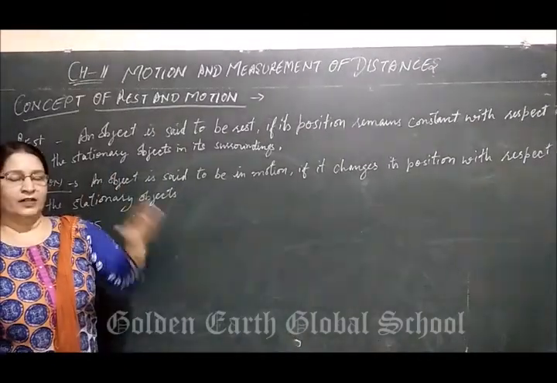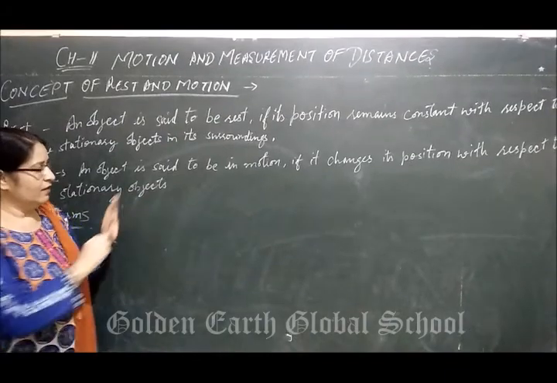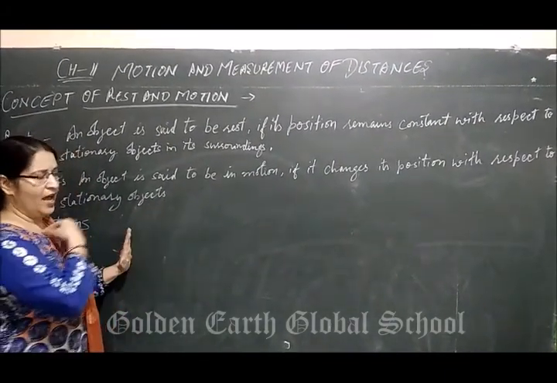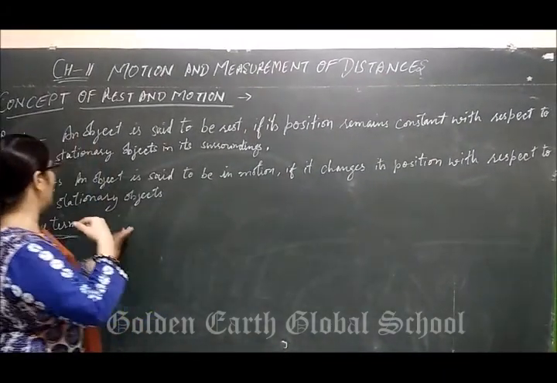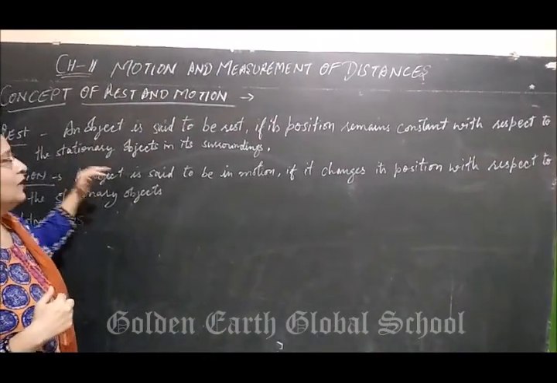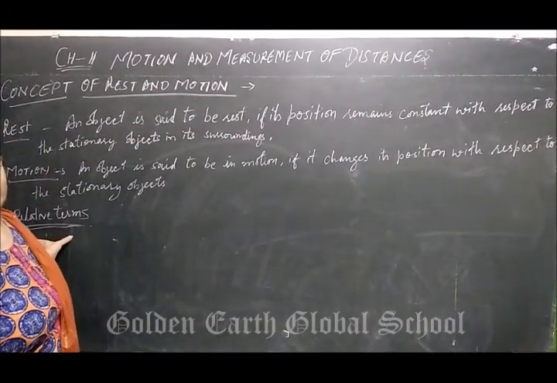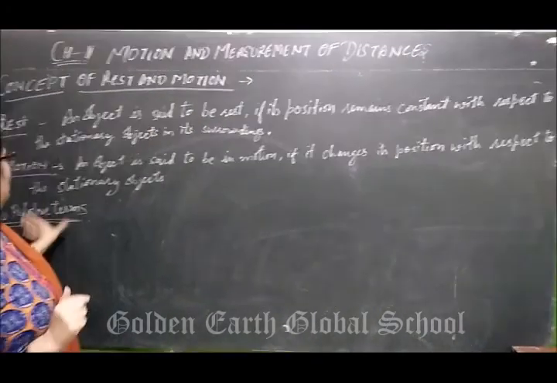Suppose in the classroom this blackboard is at rest. With respect to this blackboard, I am moving here and there. So I am in motion with respect to this blackboard. So the concepts of rest and motion are related to each other.